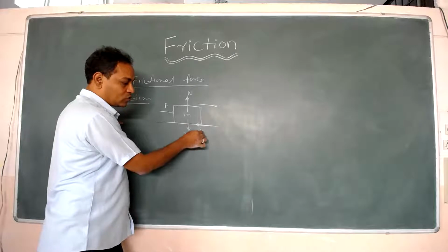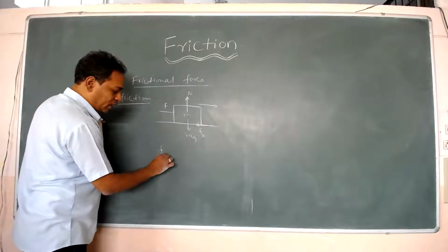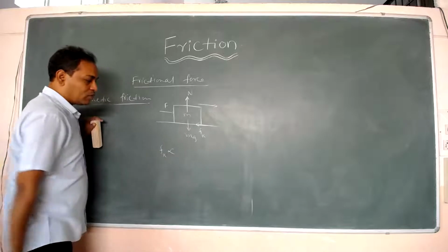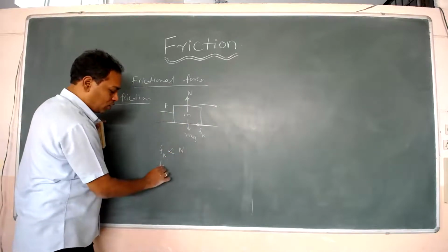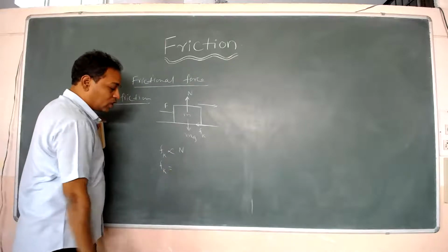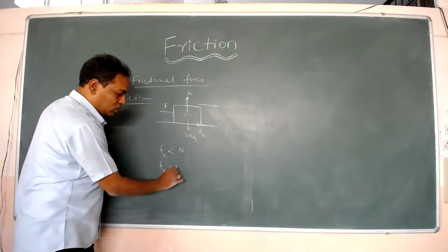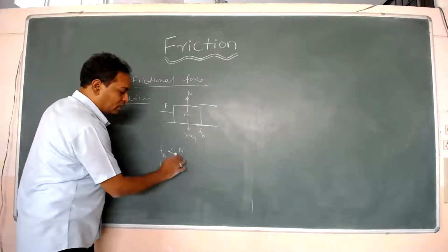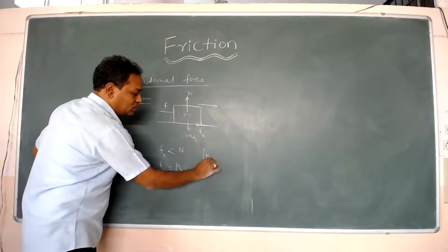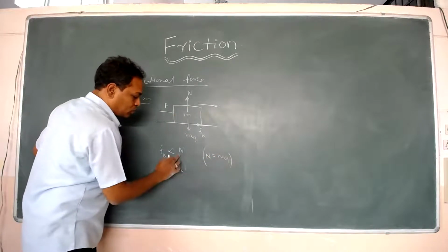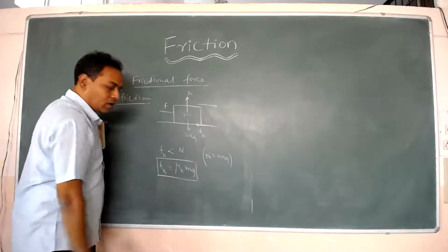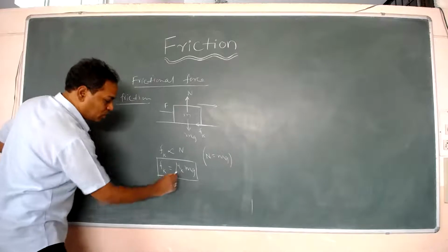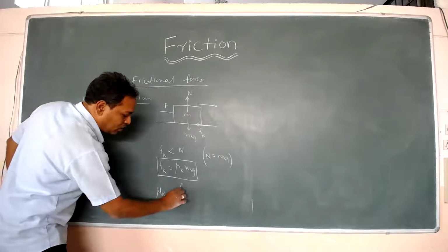Kinetic frictional force is also directly proportional to the normal reaction N. Therefore Fk is equal to mu k into N. Since N is nothing but mg, Fk equals mu k into mg. So from this, mu k is equal to Fk by mg.